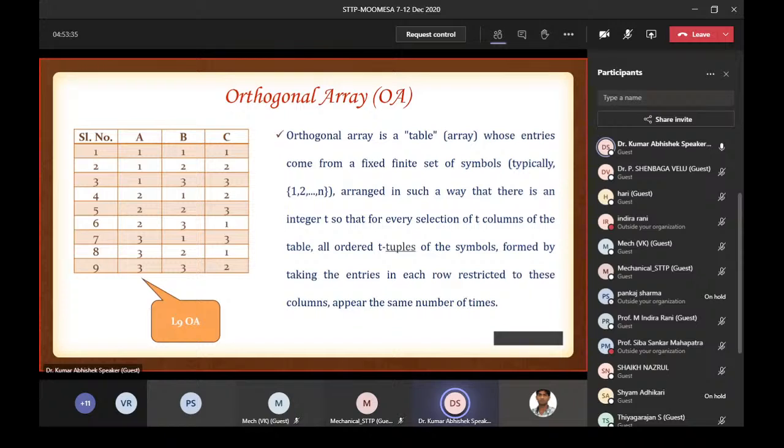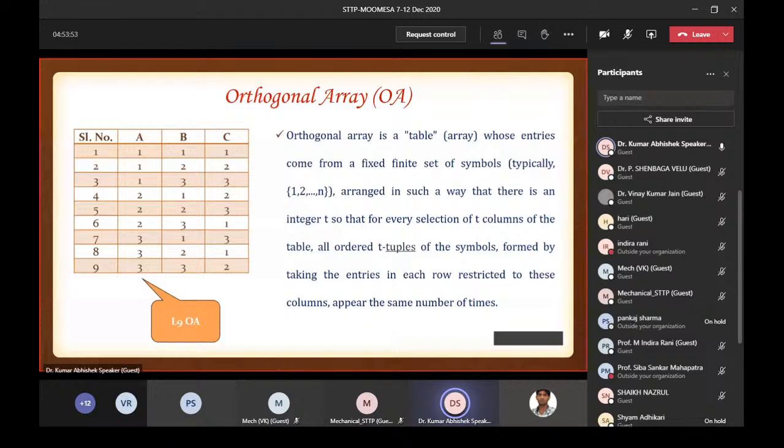In general, if someone asks what L denotes in the Taguchi method of design of experiments, you can say that Taguchi follows the orthogonal array concept, and the orthogonal array concept means it follows the lattice matrix concept. The word is derived from the lattice matrix.